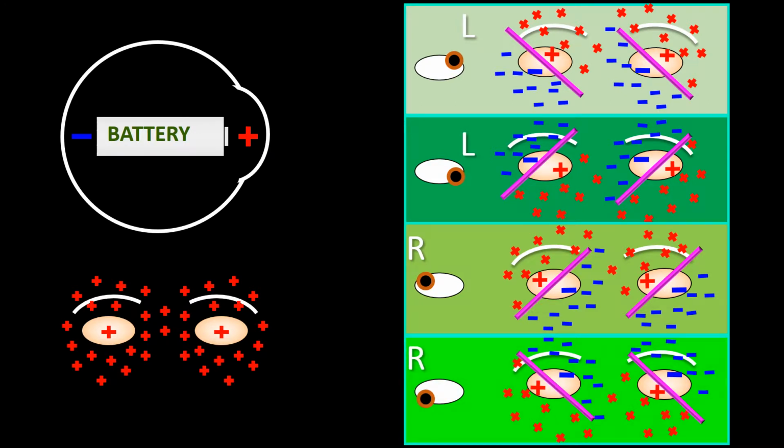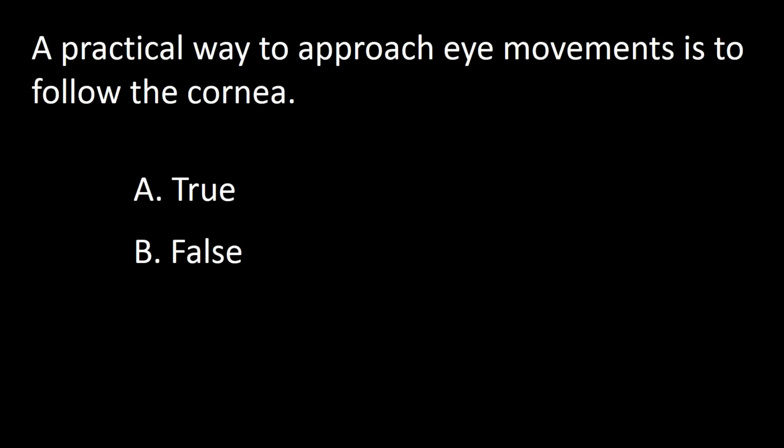Looking down and to the right will create a negativity up and laterally on the left eye, and a negativity up and a positivity laterally on the right eye. So the answer to this question is A.